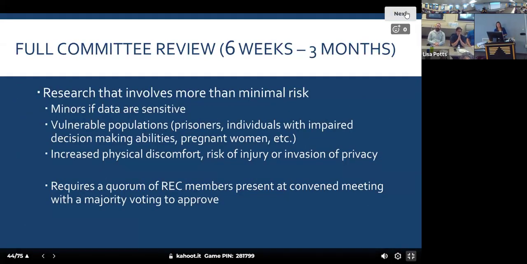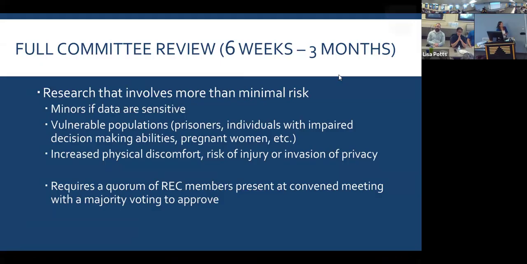Right, so then full board. These are projects that involve more than minimal risk. A lot of the research that involves children will qualify for this. There are some examples where research involving children might be considered expedited, or where some of those exemptions do apply.